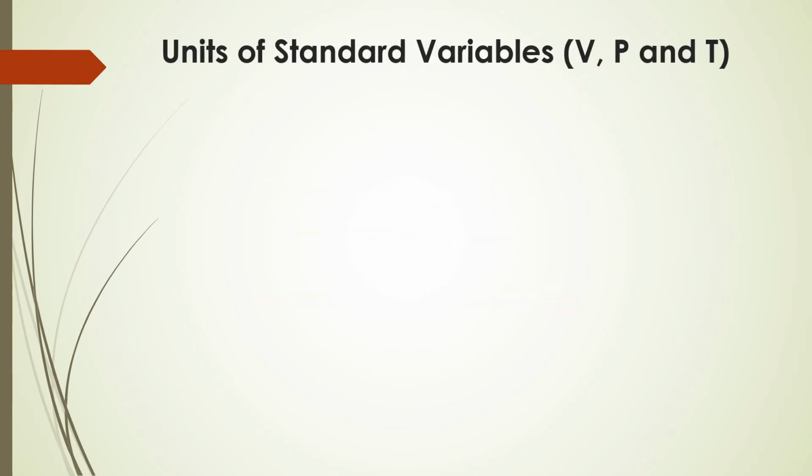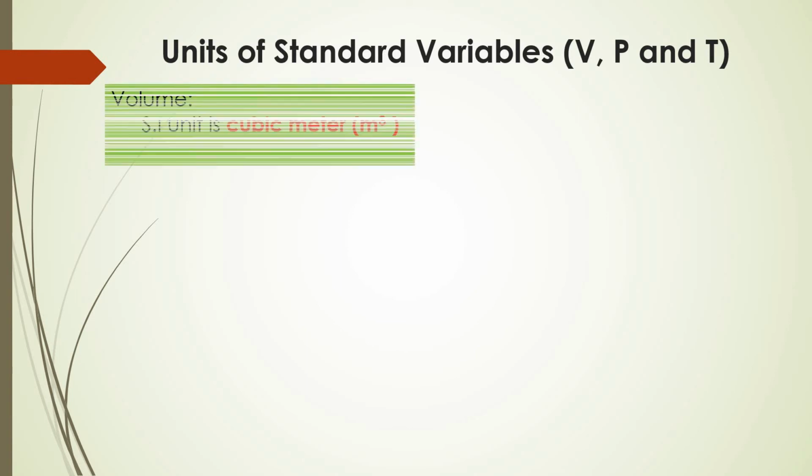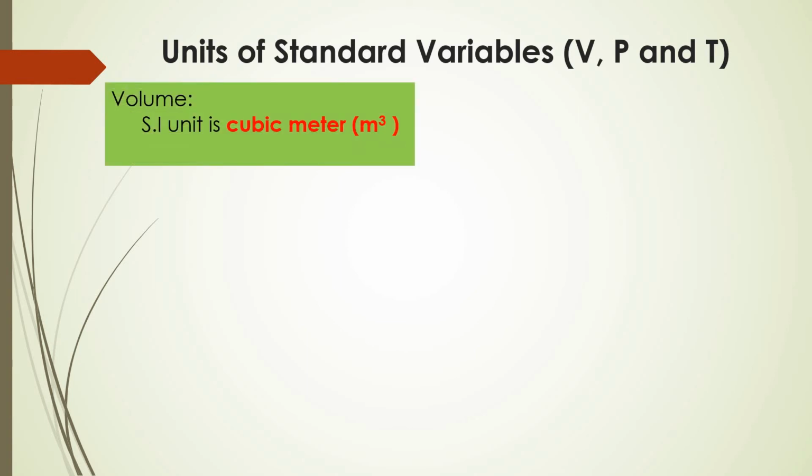Now let us try to understand some standard units of volume, pressure, and temperature, because we are going to solve different numericals based on these variables. So let us see units of volume. The SI unit of volume is cubic meter, which is written as m^3.